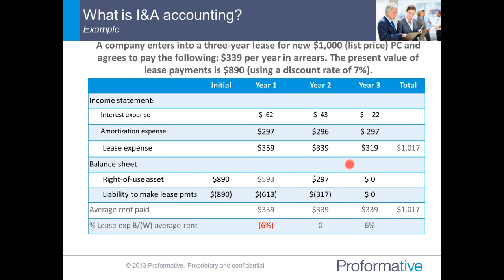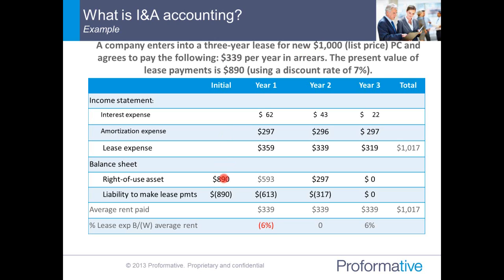The next slide shows you the I&A accounting, which is basically to amortize the present value of the rents. Here we have a contract where the present value is based on $339 a year rents paid in arrears for a $1,000 list price asset, with an incremental borrowing rate of 7%.